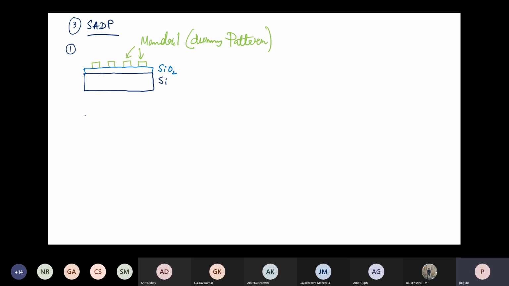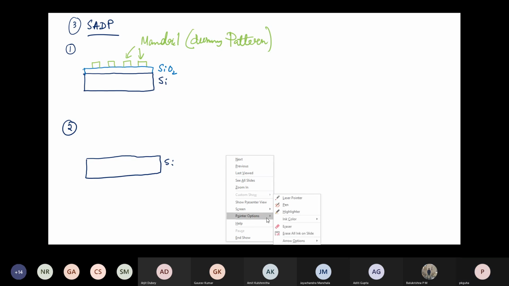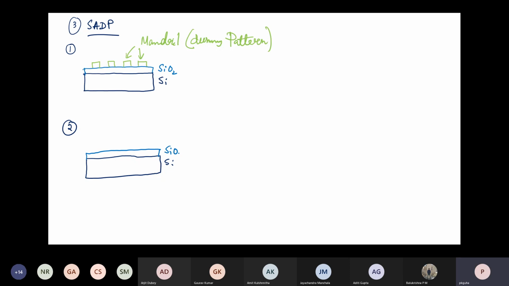Let's draw it once more. This is a pain, drawing the same thing several times. So this is my silicon, this is my SiO2.